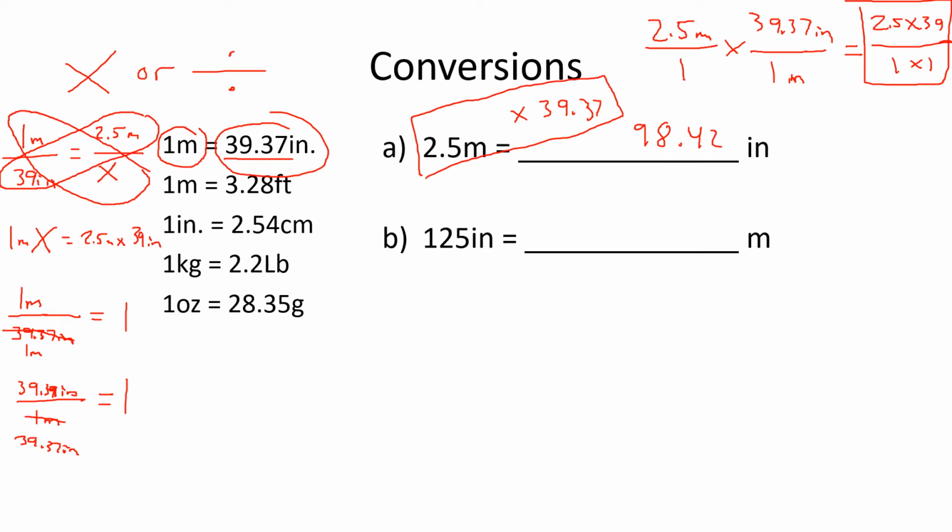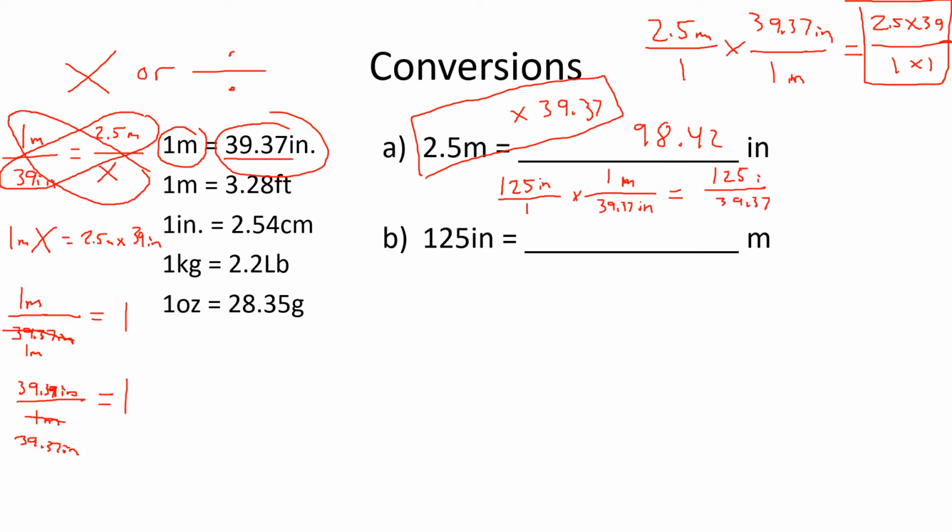All right, so for B, we have 125 inches. So I just put that over 1. This time I want my inches in the denominator. So for every 39.37 inches, I know there's 1 meter. So for this one, all you do is divide. You take 125 inches divided by 39.37.